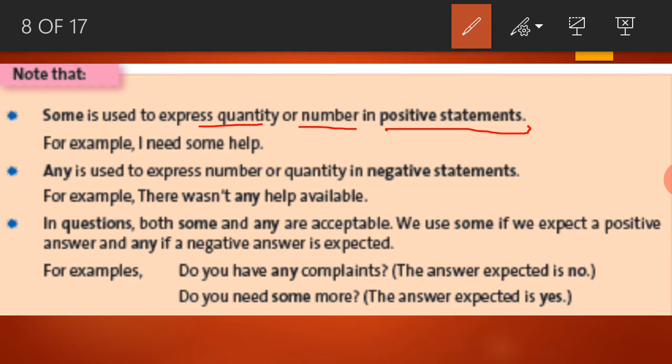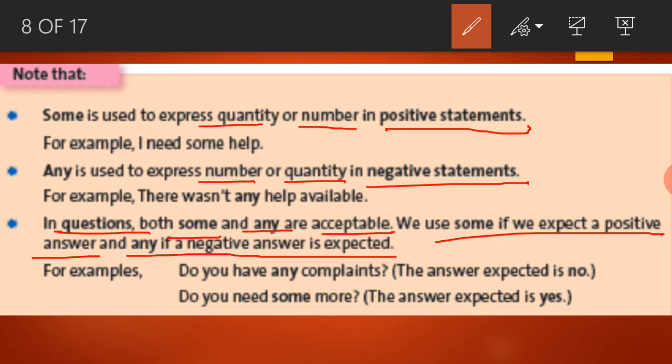Any is used to express number and quantity, but in negative statements. In questions, both some and any are acceptable. We use some if we expect a positive answer, and we use any if we expect a negative answer.